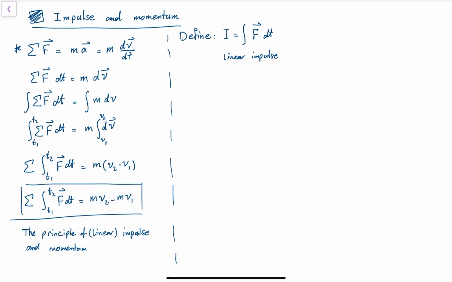So the time integral of force, let's call that a quantity called impulse. And let's call this term mv. Give it a name L. Call that linear momentum.